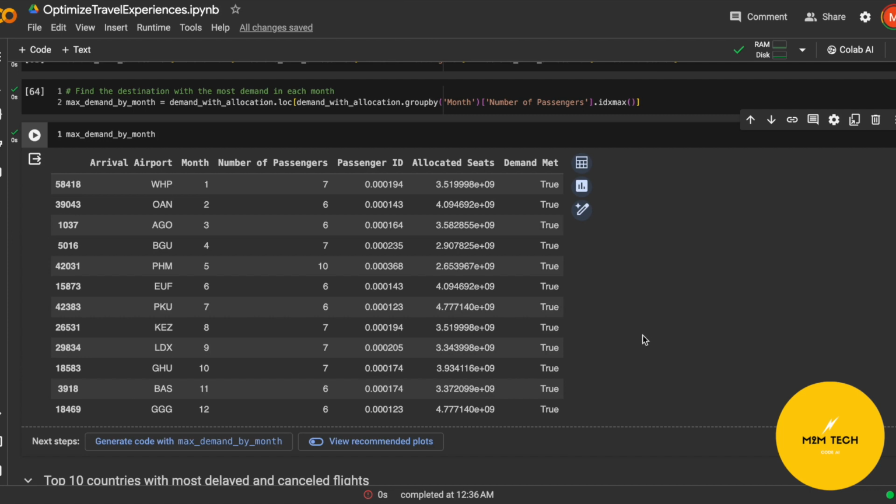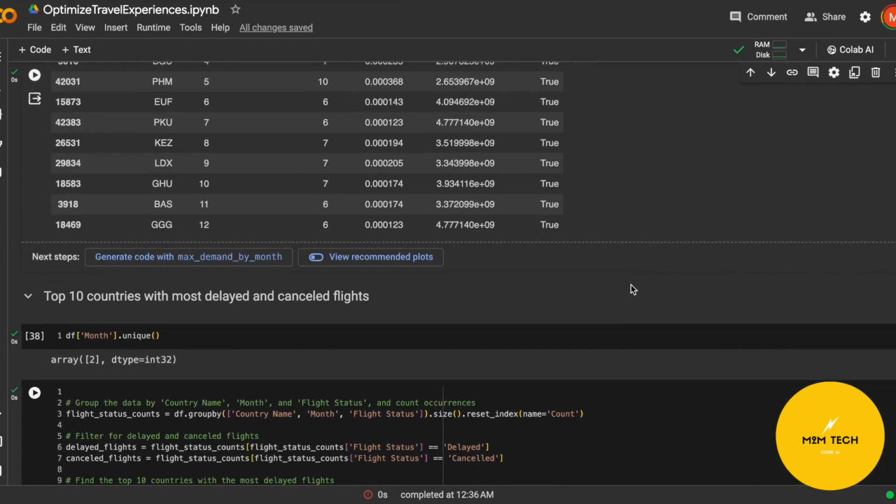And so I moved further to understand the segregation of the different flight statuses. So yeah, let's dive into that.